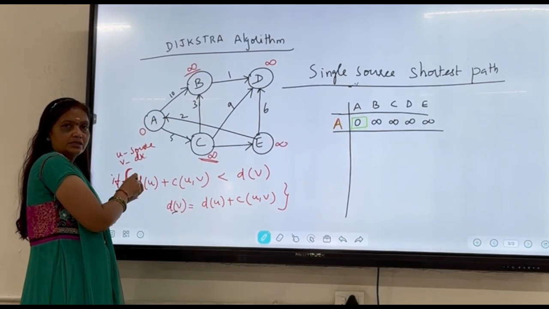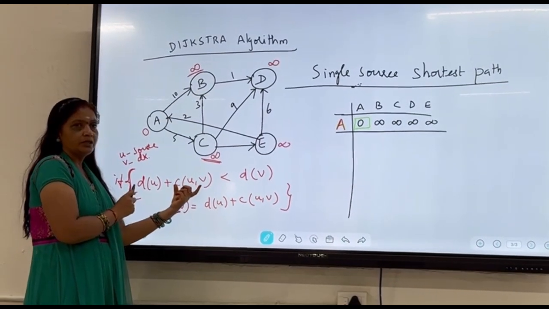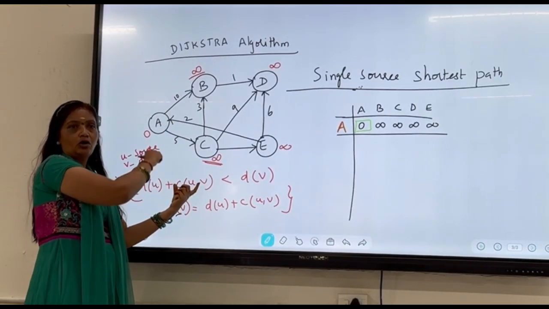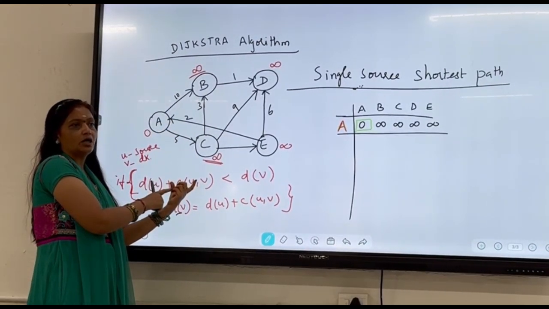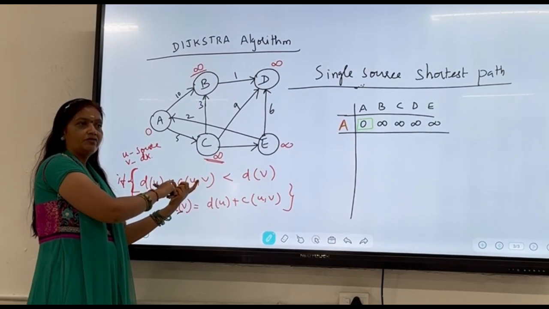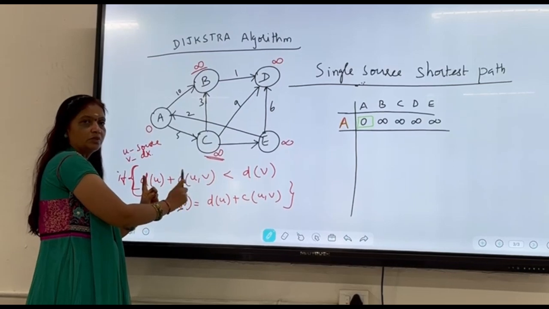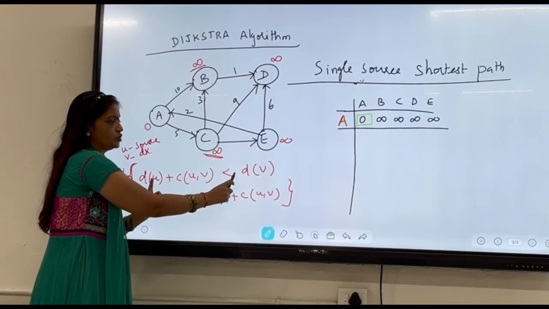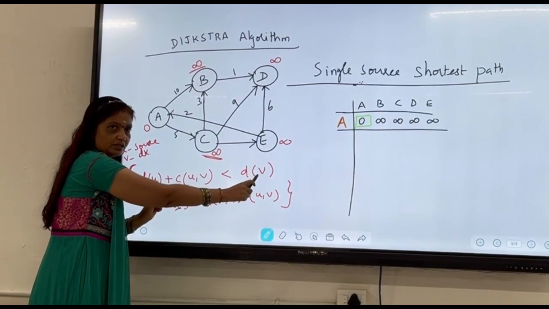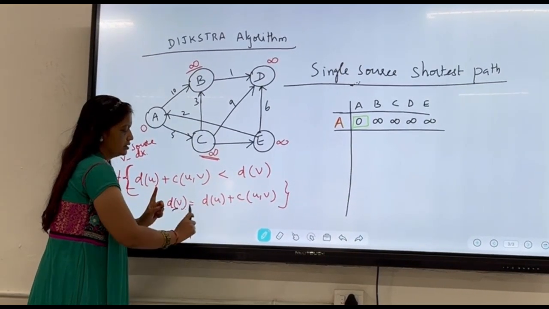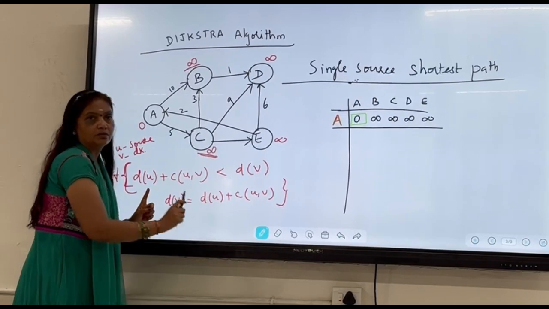And cost means whatever edge is given in the graph. I know this is a weighted graph, so I know the cost of traveling from source to destination. So I have to sum these two, and if that is less than the distance of B, B being the destination, what I have to do is update the distance of B by this formula.